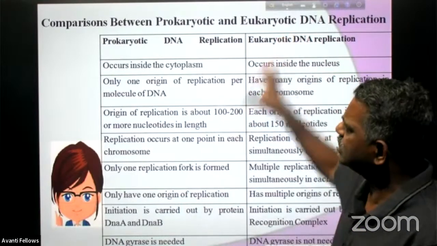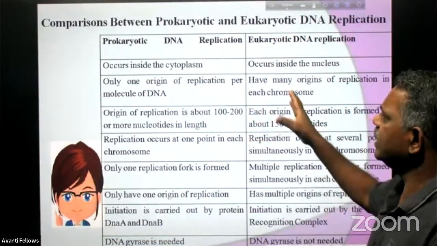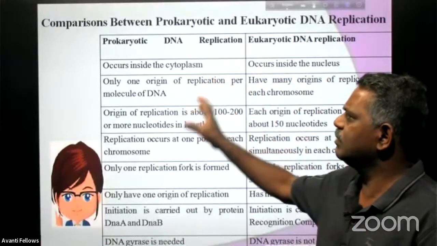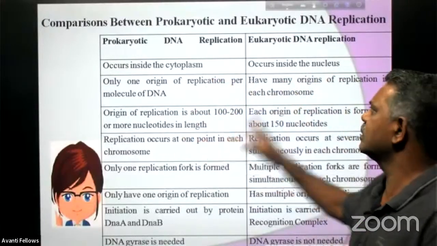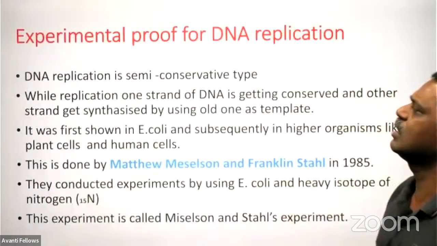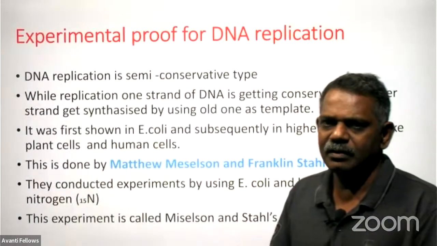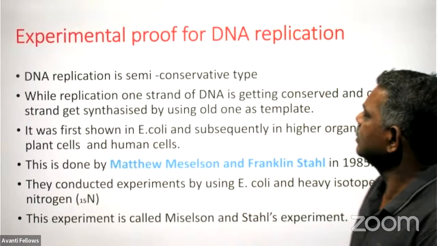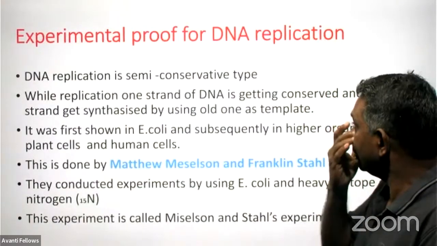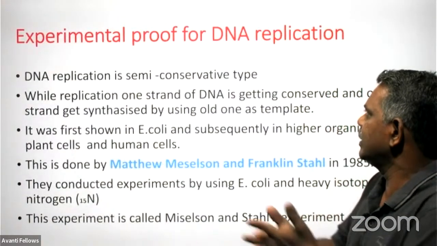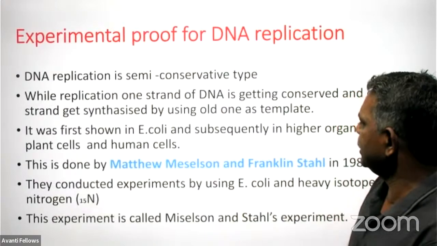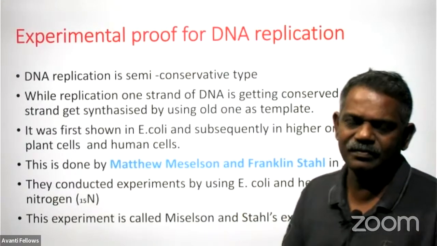So these are the basic differences between the replication of DNA in prokaryotic cells as well as in eukaryotic cells. Then we have to discuss an experimental proof to explain that DNA replication is semi-conservative.